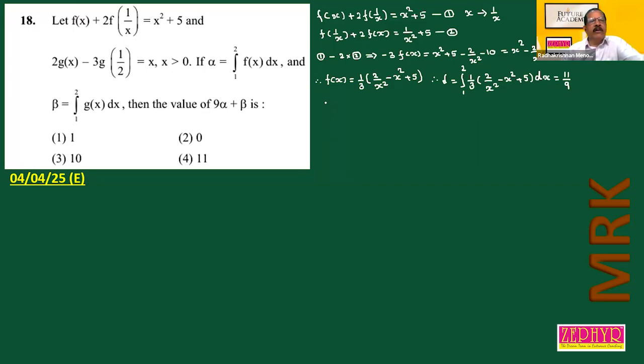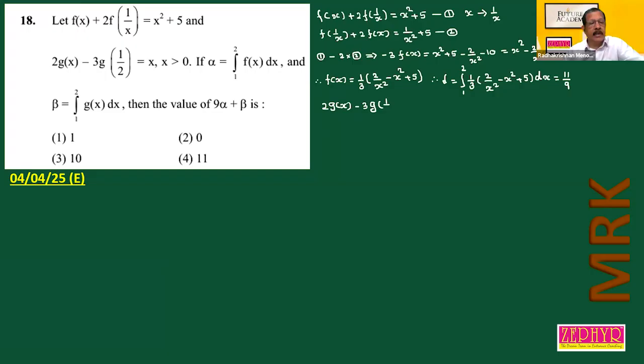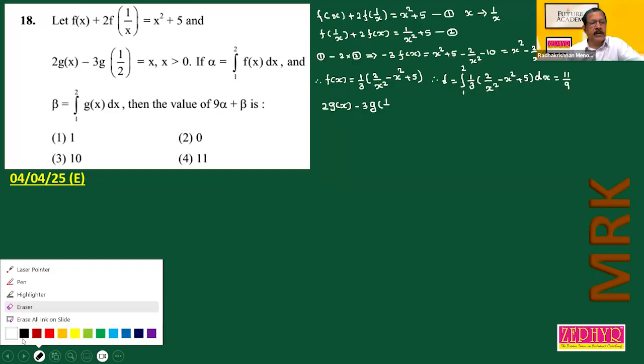Okay, similarly, you find out g of x also. So 2 into g of x minus 3 into g of 1 by 2. It's not 1 by x.